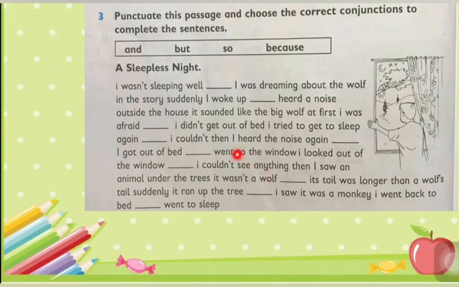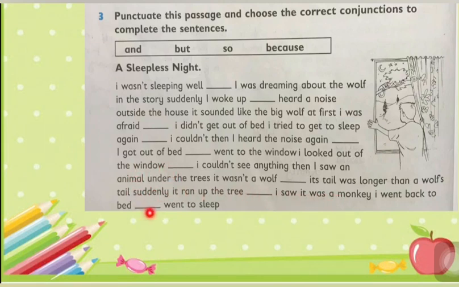Now how has he come to know that it wasn't a wolf? Because its tail was longer than a wolf's tail. Full stop. S capital. Suddenly, it ran up the tree. I saw it was a monkey. Now, what happened? It ran up the tree and I saw it was a monkey. Two informations.